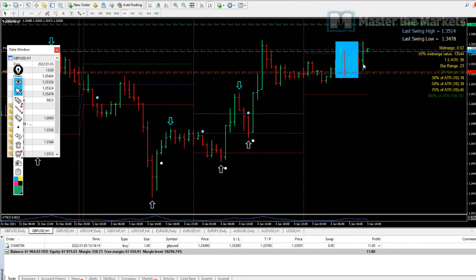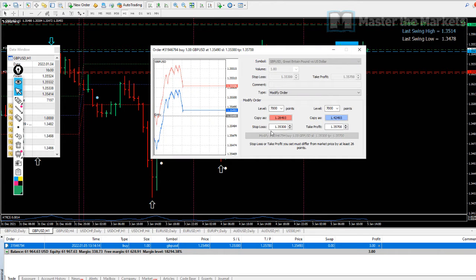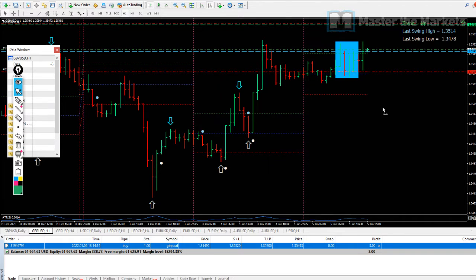Right, so for this trade, we're going to be trailing it at the low of this bar, and the low is going to be 1.3532. So 1.3532 is where I will trail it to, and that's it. Some of you might be wondering, that's not much of a trail, but it is what the market is offering, and we just have to go with that.